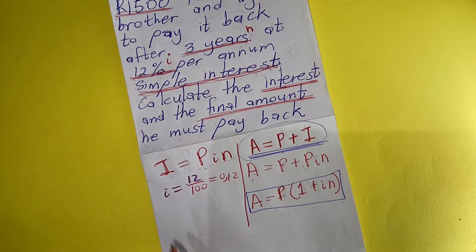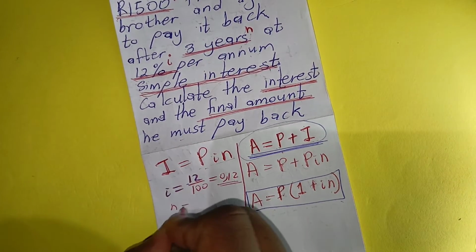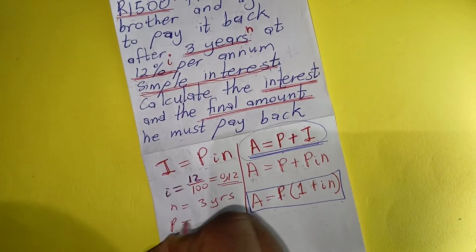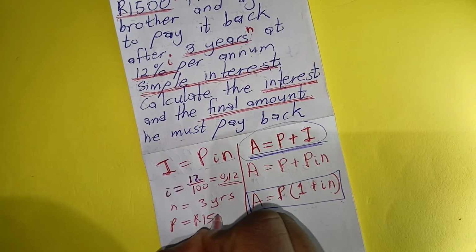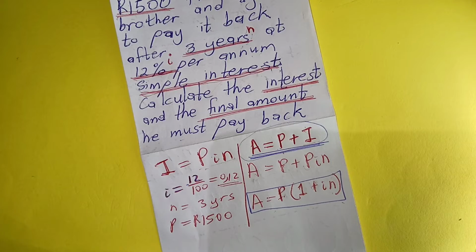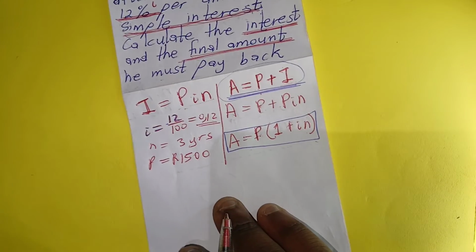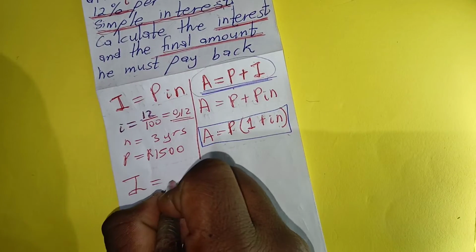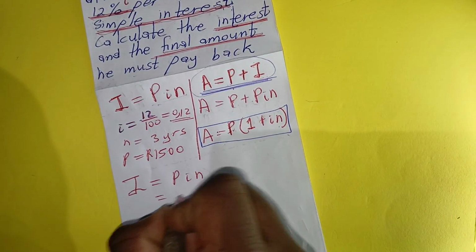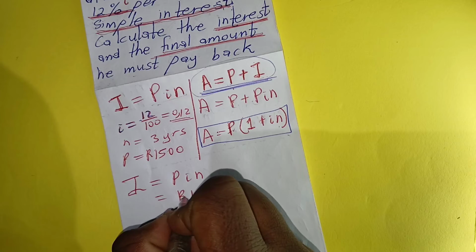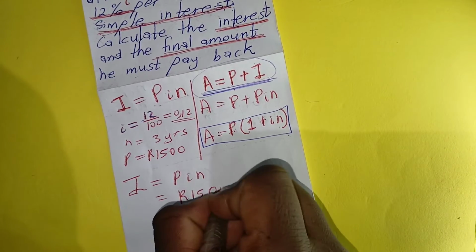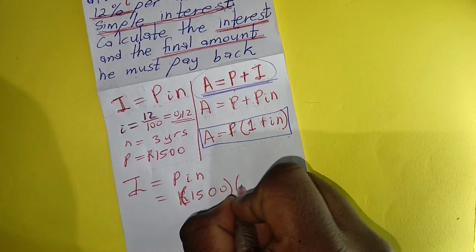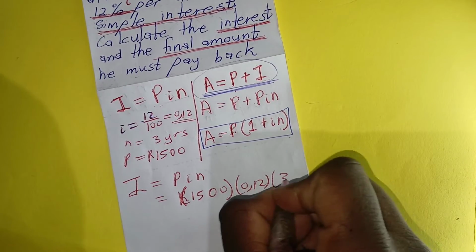So now you know your N, it's what? It's 3. Yes. And your P is equal to the principal amount. So now let's substitute in this equation. So its interest will be PNR, which is the principal, 0.12, 3 years.